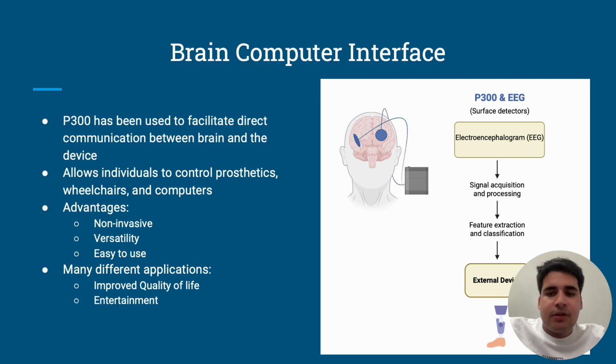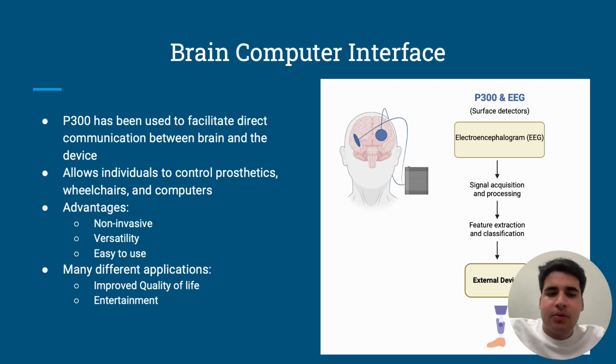Another thing that I want to talk about is, as we can see from the diagram, it specifically involves the signals getting picked up by the EEG device, such as the P300 signals that the neurons generate. And these signals, after getting picked up, are processed, and the meaningful patterns are identified by the machine, and these are then used to activate or initiate a response in the external device.